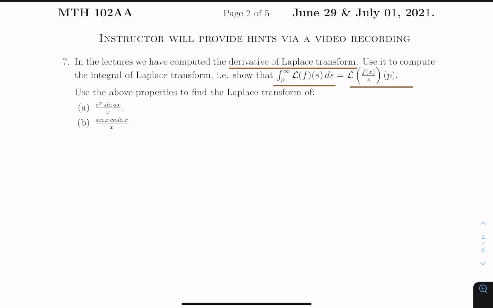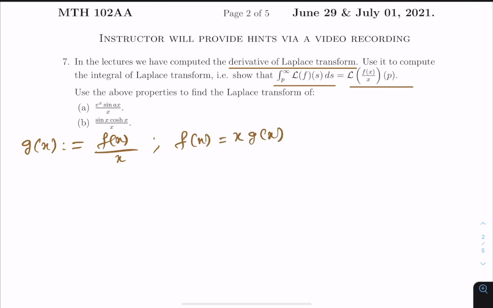To do that, we first start with g of x to be f of x over x. From this we get that f of x is x g(x). Now what is the Laplace transform of f?